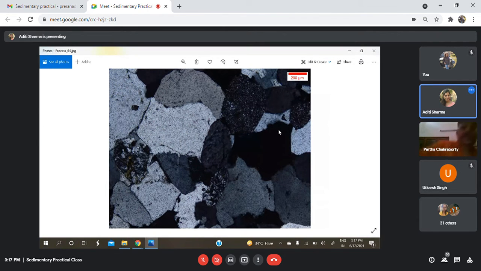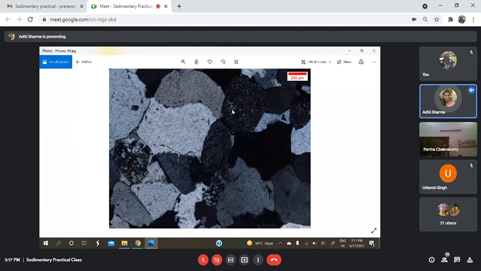So this is another view of the same slide where you can see different quartz grains and rock fragments. If you see these two rock fragments here, the subgrains are comparatively larger if you compare with this grain.